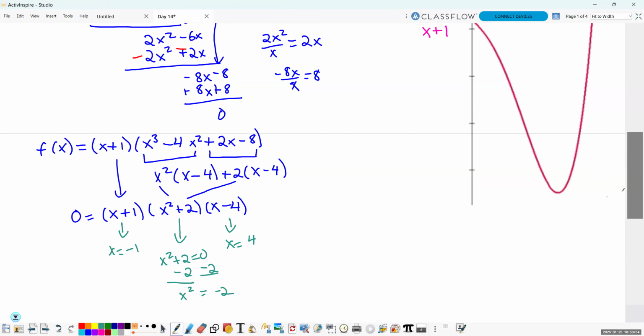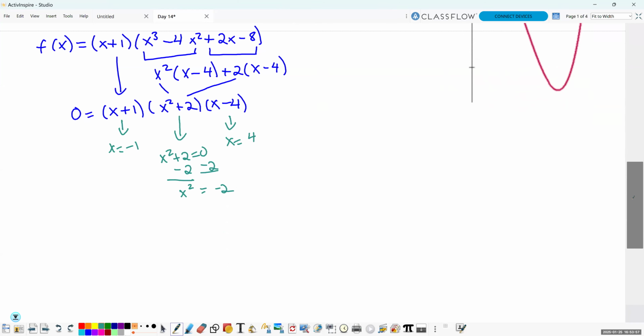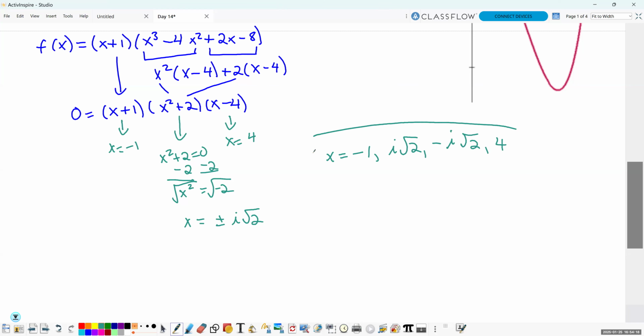When we take the square root, we're going to get x equals plus or minus i root 2. So if we were going to list out the 4 zeros: -1, i root 2, negative i root 2, and 4. Here are my 4 zeros.